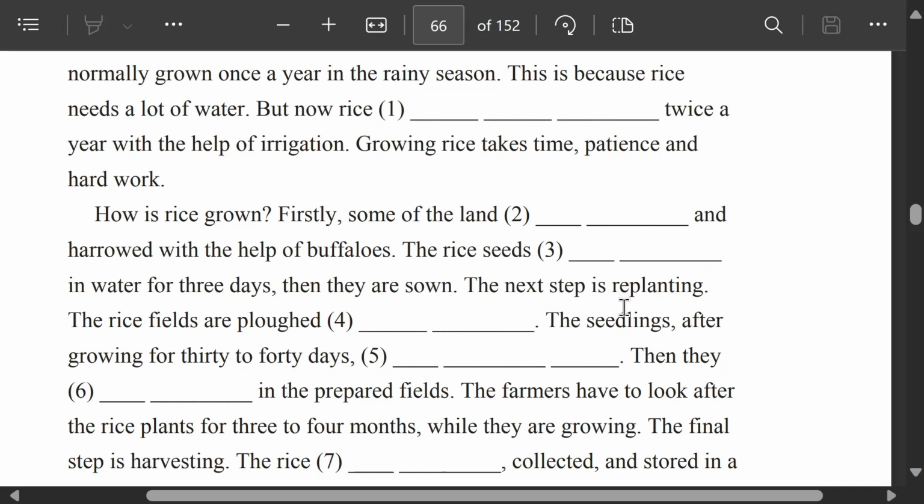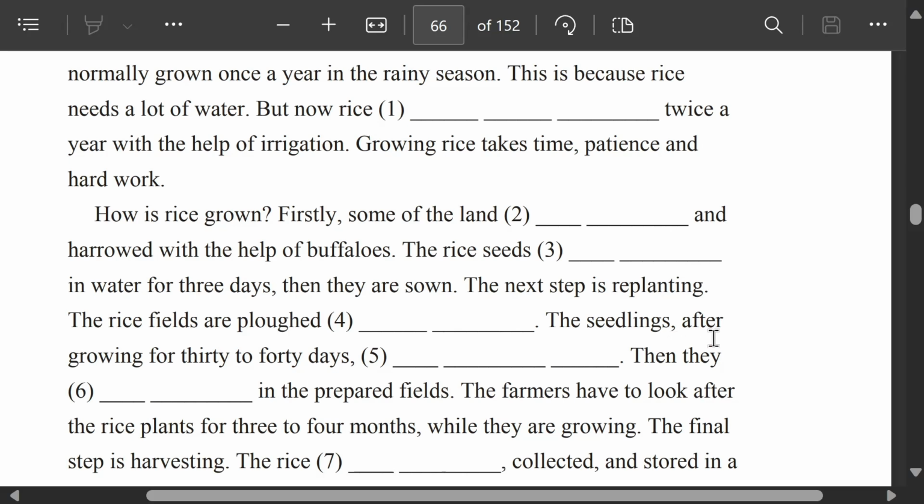They take, what was the name? They uproot. Remember? Or they pull them up. Yeah, they pull them up, right? What is the name of the little plant? Seedling.